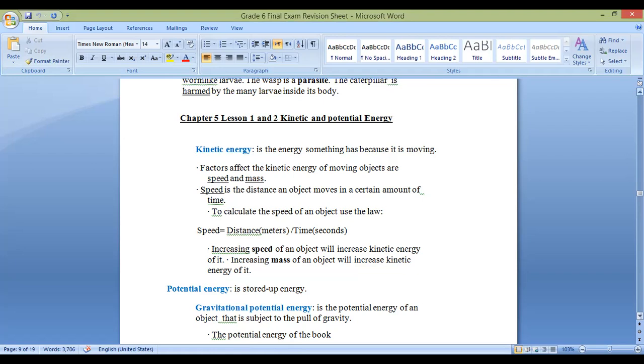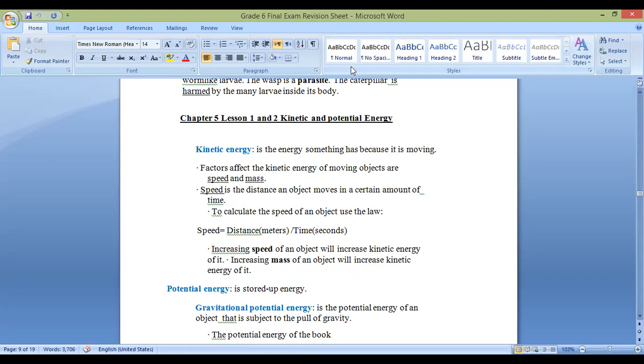Which book on which shelf will have more potential energy? The book on shelf A. Excellent. Why, Kinan? Because it's higher. Yes, excellent. Because it's higher.